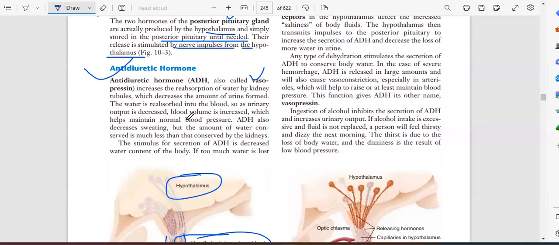Whenever blood is filtered in the kidney, the waste material goes into the urinary bladder and is flushed out.